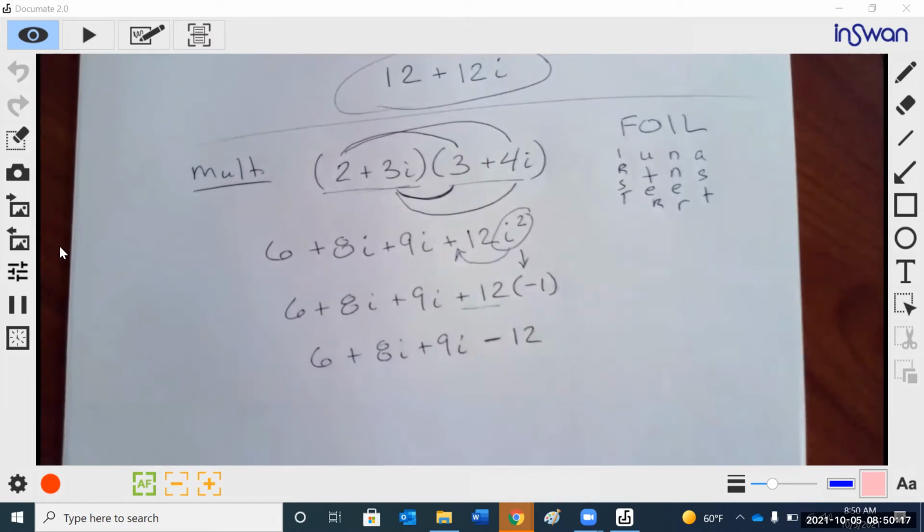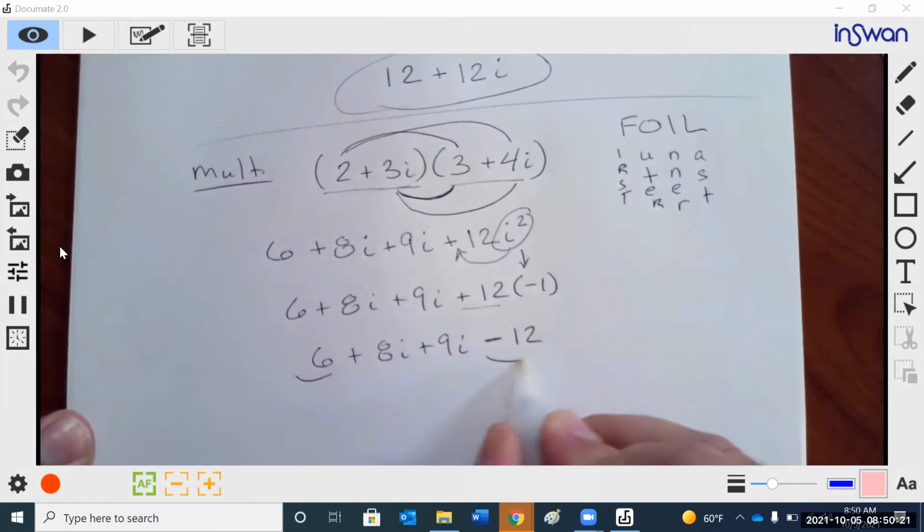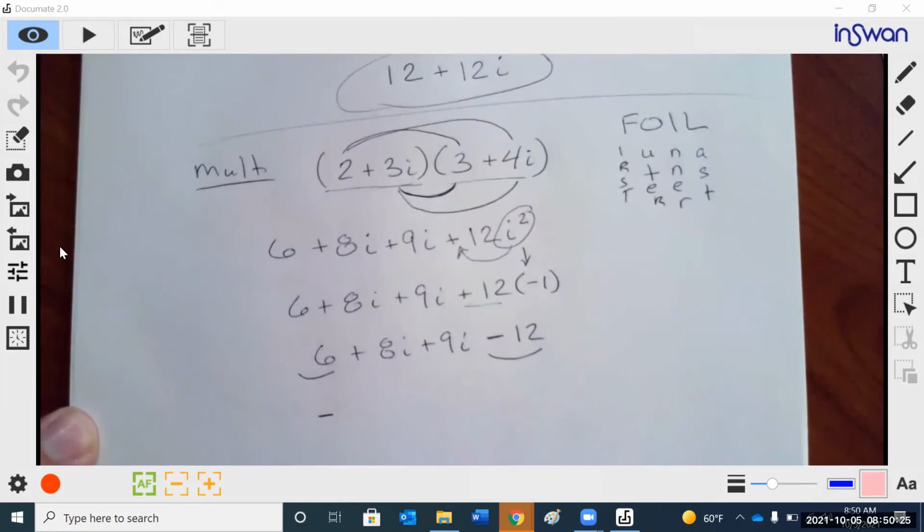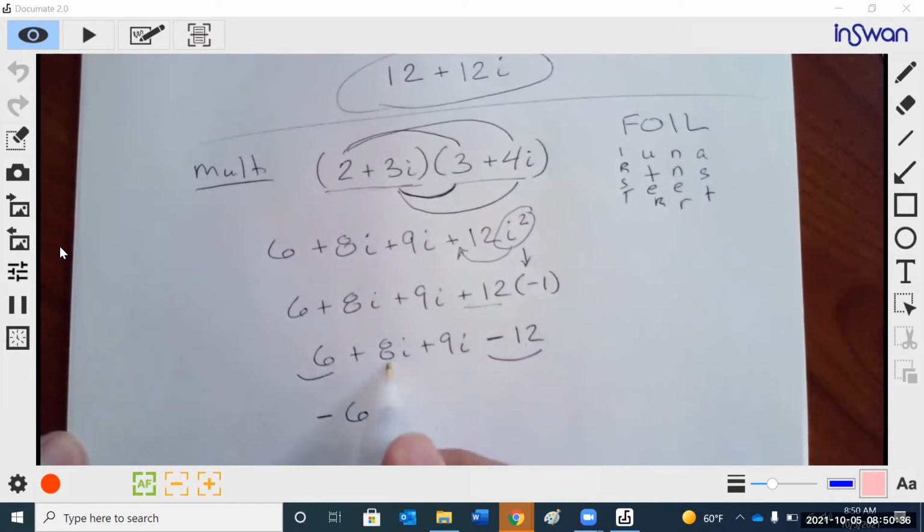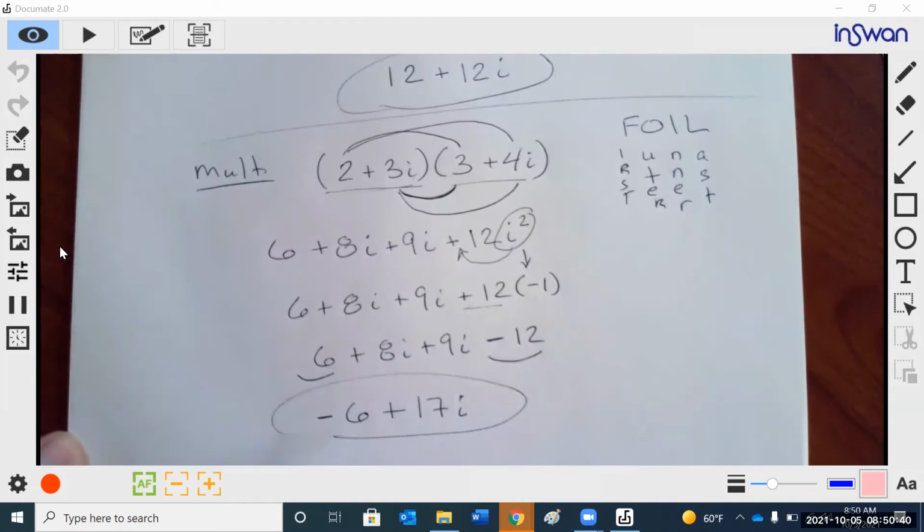Now we combine like terms. 6 minus 12. 12 is bigger, so the answer is negative. 12 minus 6 is 6. The i's, 8 and 9, they're both positive, so the answer is positive. 8 plus 9 is 17i. There's your answer.